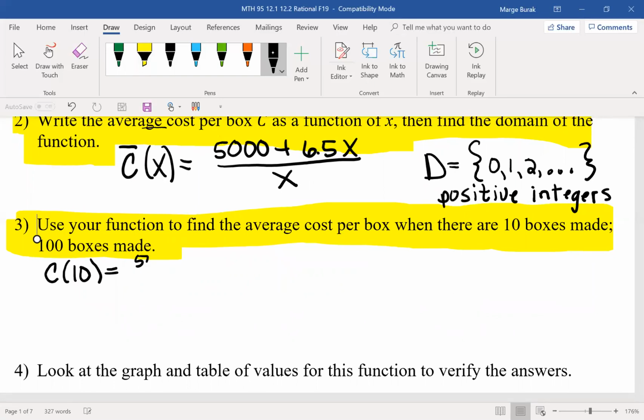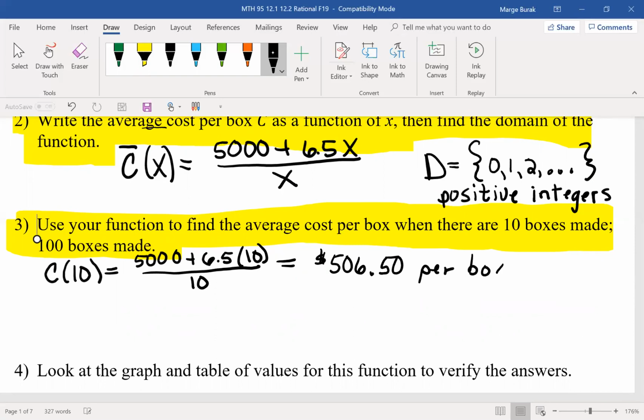I'll have 5,000 plus 6.5 for 10, and then I'm going to divide it by the 10. If you do this on your calculator, 5,000 plus 65 divided by 10, that's $506.50 per box.